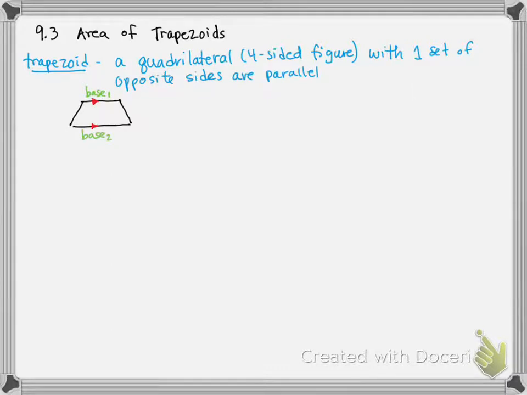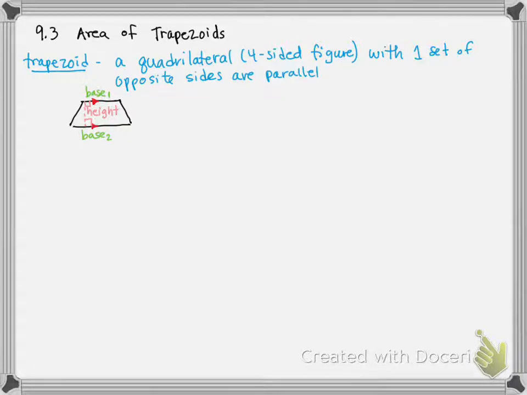They call that a subletter, so it's base sub 1 and base sub 2. And then it would be inside the shape from base 1 to base 2, perpendicular, and that would be the height. So it is stretching from the tallest part of your trapezoid to your shortest part, perpendicular, basically on both sides. In fact, I could put a little box right there at the top as well.